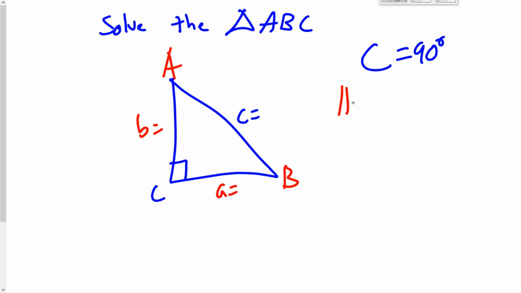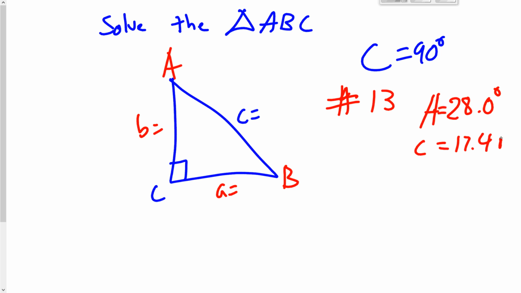Okay, so number 13 gives us A is 28.0 degrees, so that means there's three significant figures, just a point of reference. And then C is 17.4 feet. So there's our reference. We want to find B, which we can do right now because that's supposed to add up to 90, right?